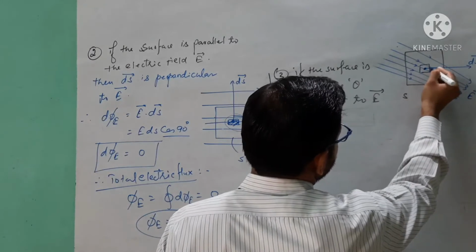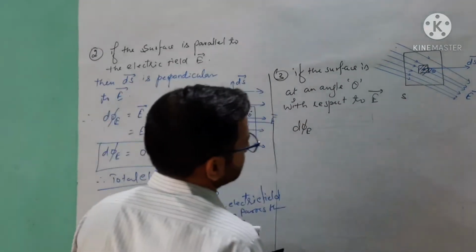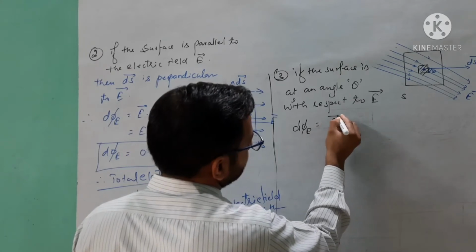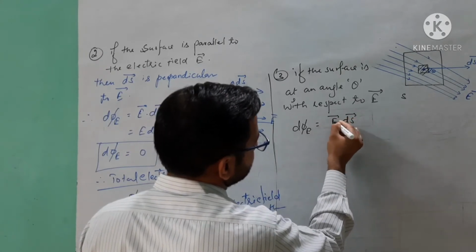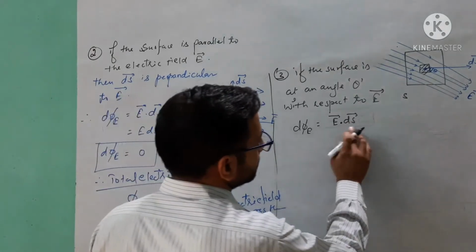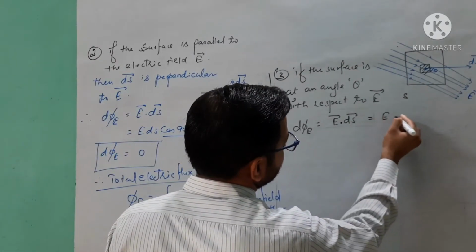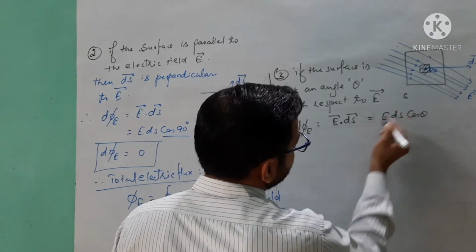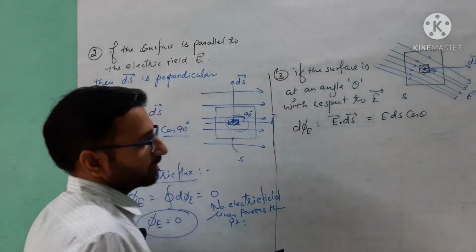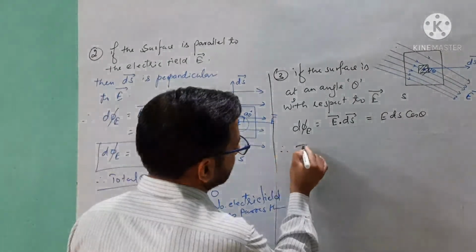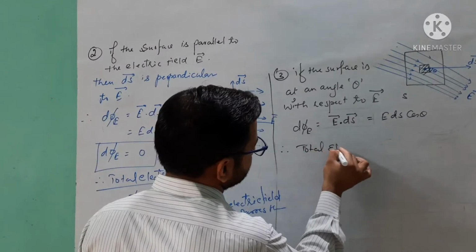Here I can consider the elementary surface first. So d phi E is equal to E dot ds, we have this relation, and we have an angle theta, so this dot product can be written as E ds cos theta. Got it? So this is the value of electric flux.